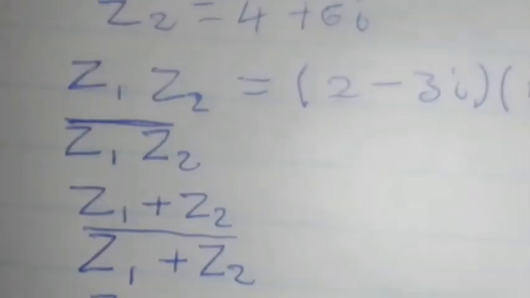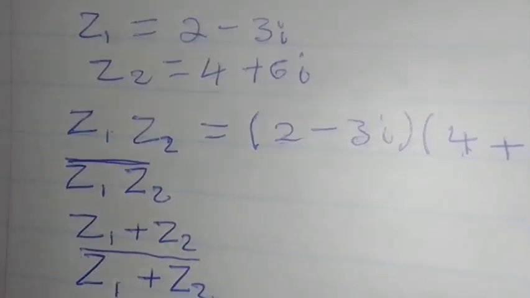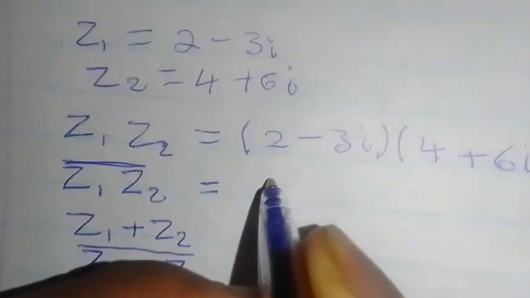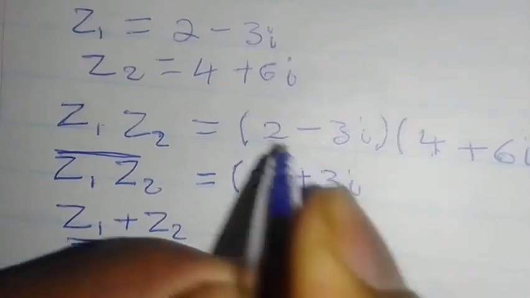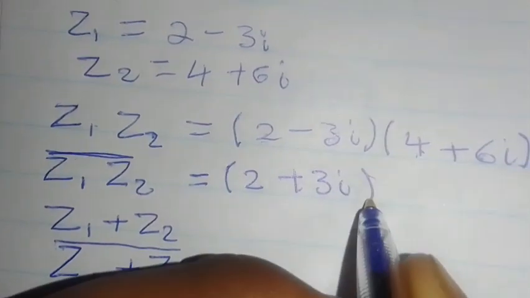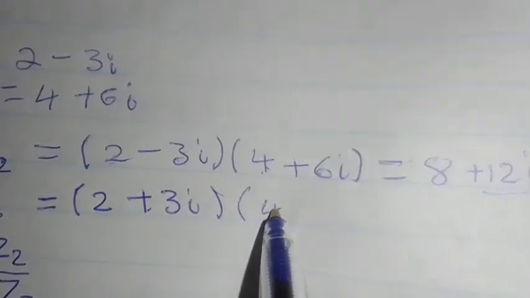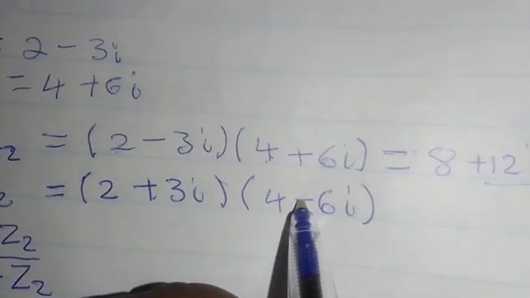Okay. Now, what about when you have the conjugate, when you multiply the conjugates? So now, that means that you take the conjugate of Z1, everything stays the same, but you just change the sign. Here it was negative and I put positive. And now Z2 conjugate will be 4 minus 6i, because here it was positive, and now the conjugate will have minus.